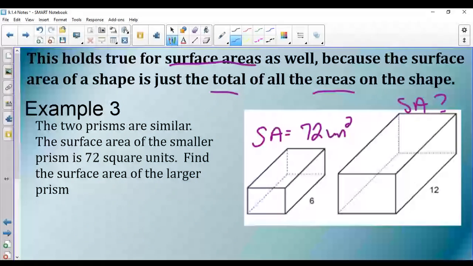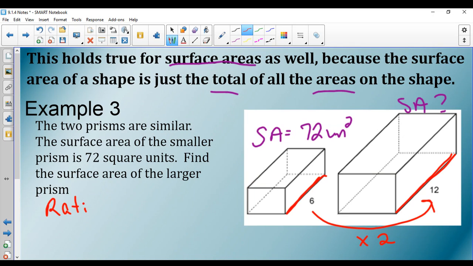Okay. So again, we're going to look at what the scale factor is. What are our dimensions? How many times larger is the shape? We have a side of 6 and a corresponding side of 12, so we can see that it is 2 times larger, which means our ratio is 2 squared because it's area, or 4 times larger for the area.